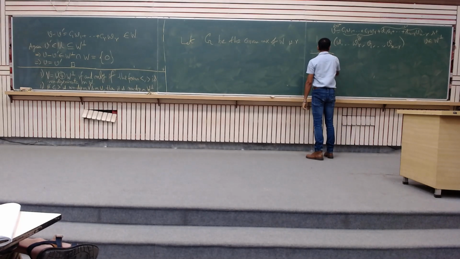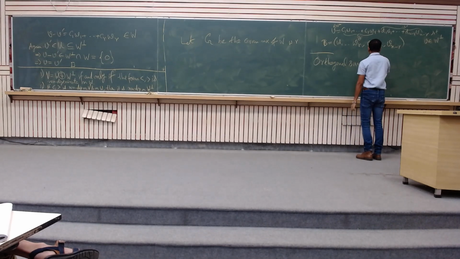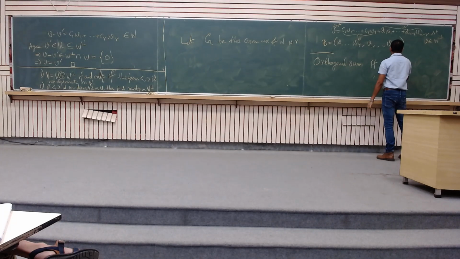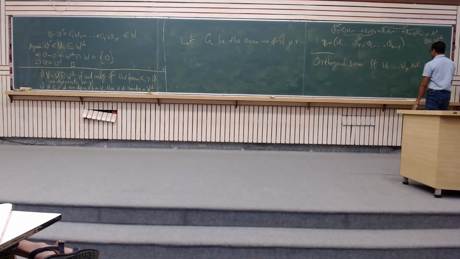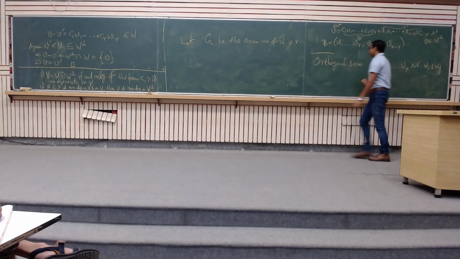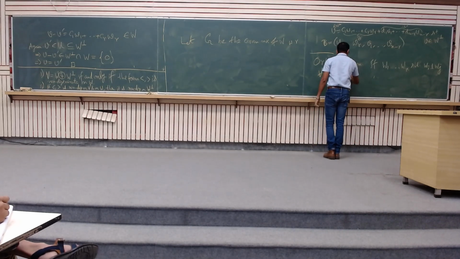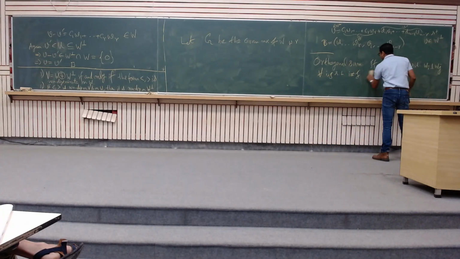Orthogonal sum: say you have a set of subspaces W1 dot dot dot Wk such that Wi and Wj are perpendicular, that means all the elements in Wi are perpendicular to all the elements in Wj, for all i and j such that i is not equal to j.